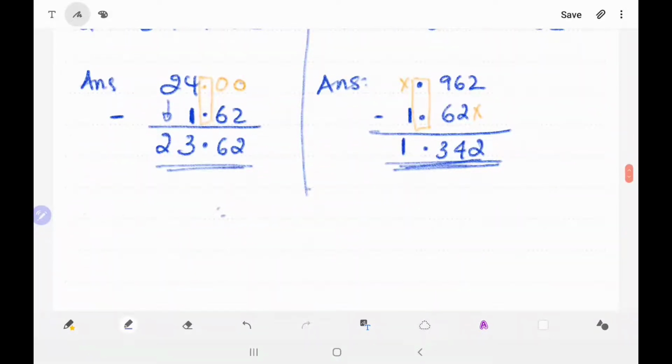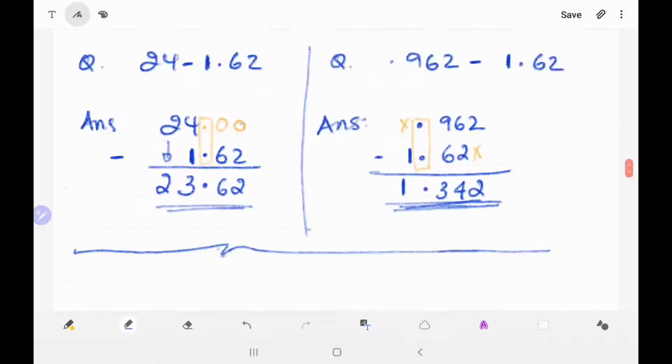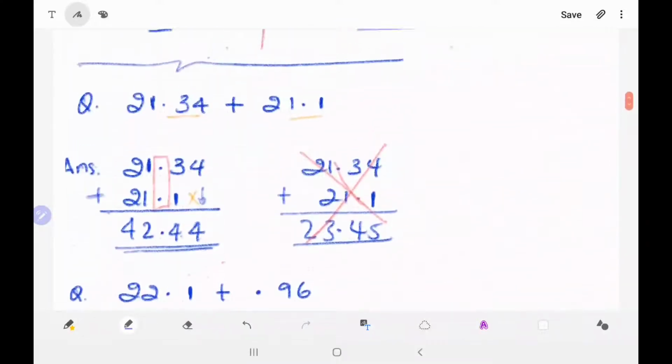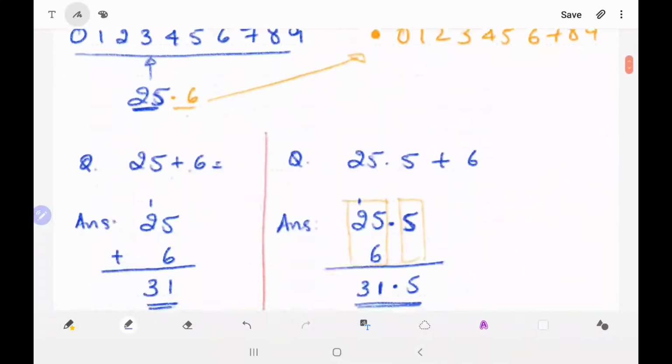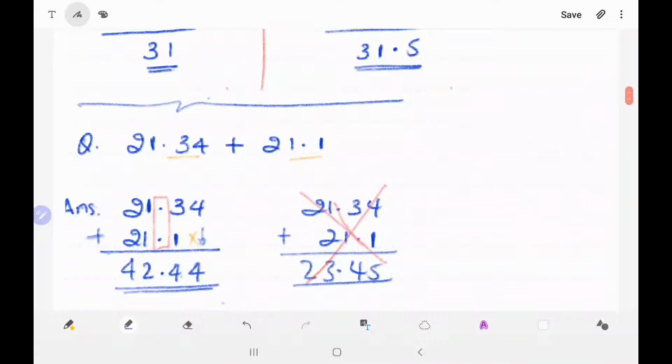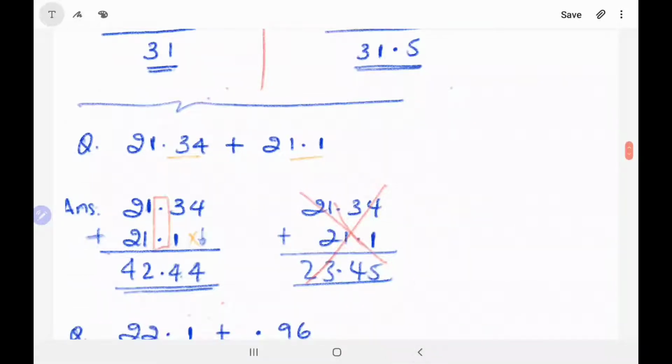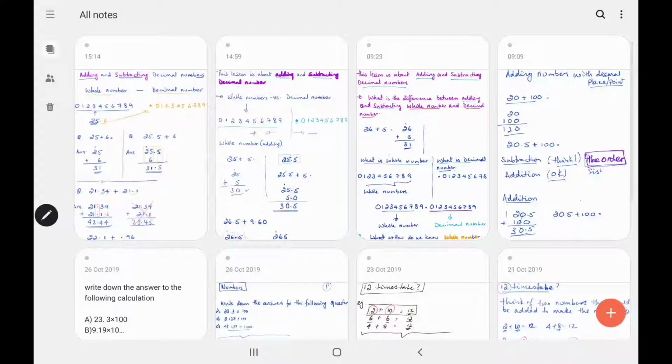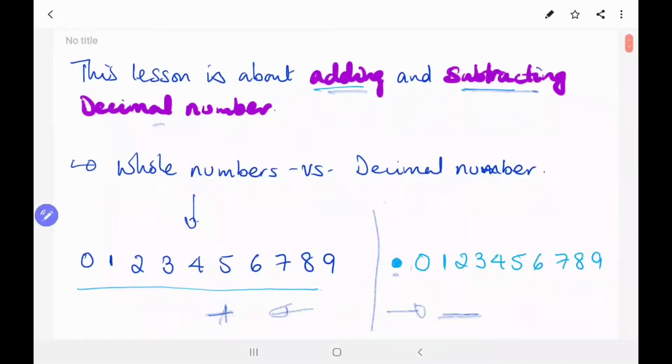Now what I would like you to do is to do the following questions and then answer them, and then send it to me. So let me just save. I've done one for you.